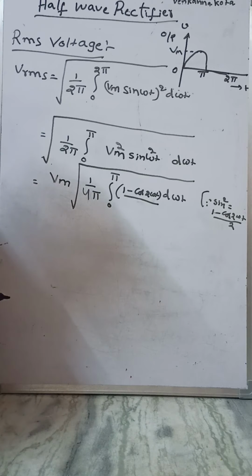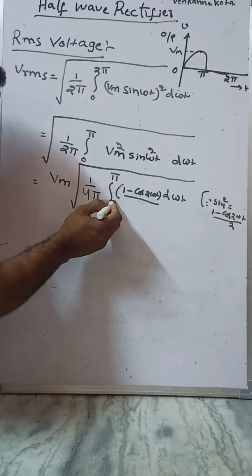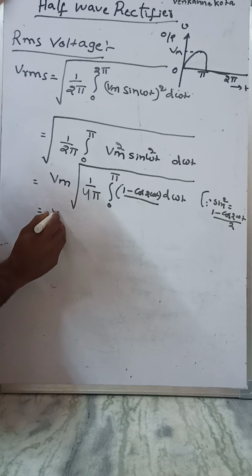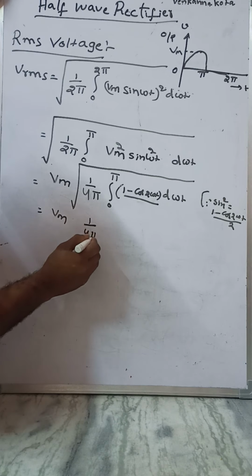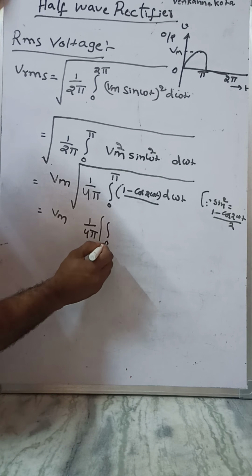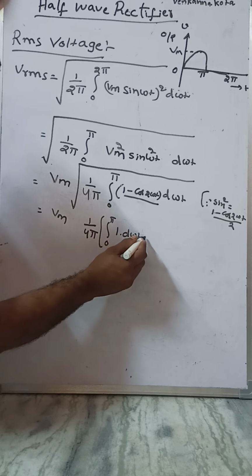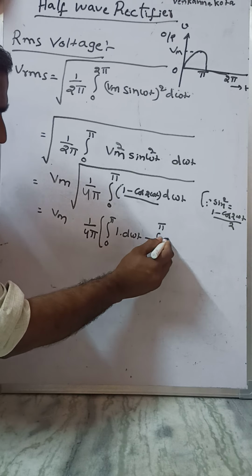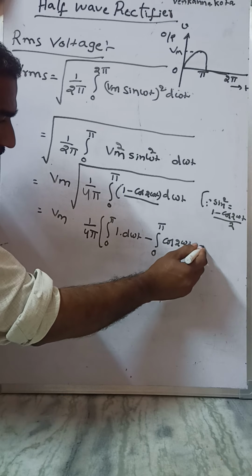Then splitting this integration, what will happen? Vm times square root of 1 by 4 pi, integration 0 to pi 1 d omega t minus integration 0 to pi cos 2 omega t d omega t.